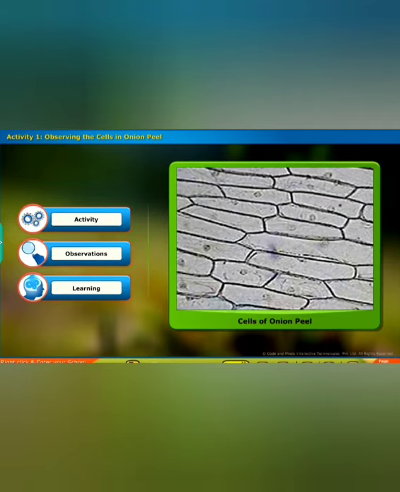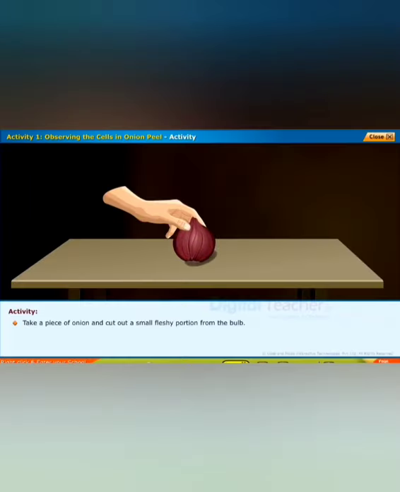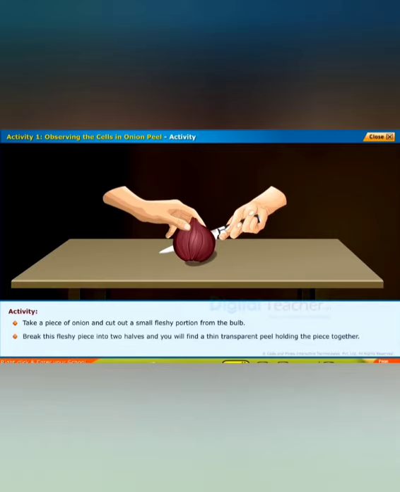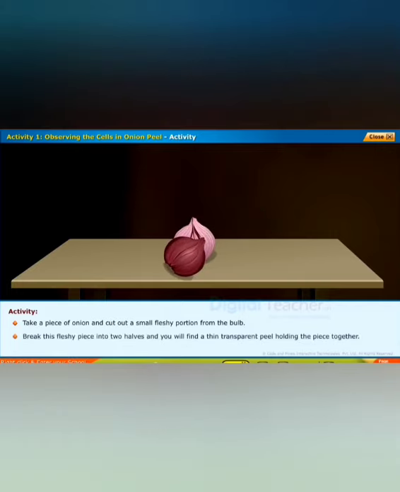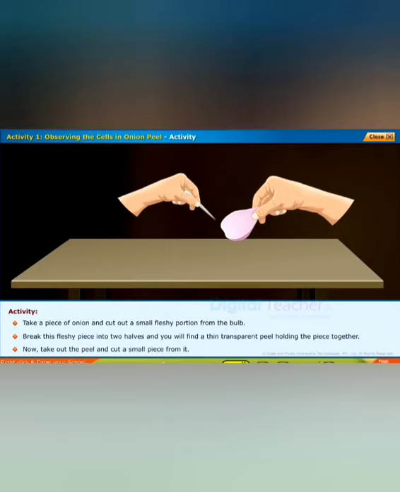Here, let us perform an activity to observe cells in onion peel. Take a piece of onion and cut out a small fleshy portion from the bulb. Break this fleshy piece into two halves and you will find a thin transparent peel holding the piece together. Now, take out the peel and cut a small piece from it.